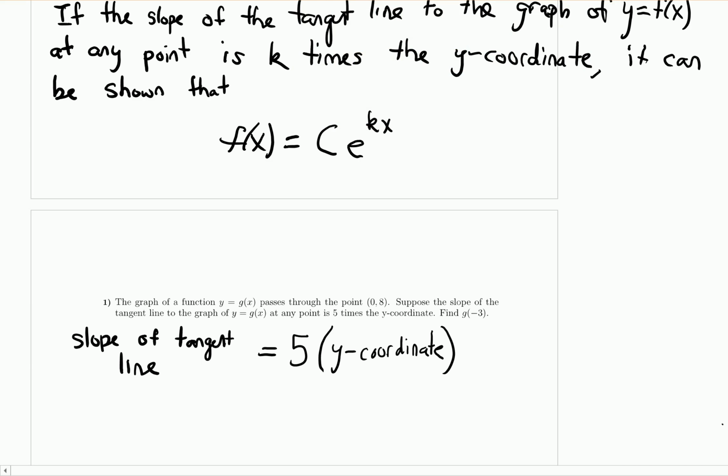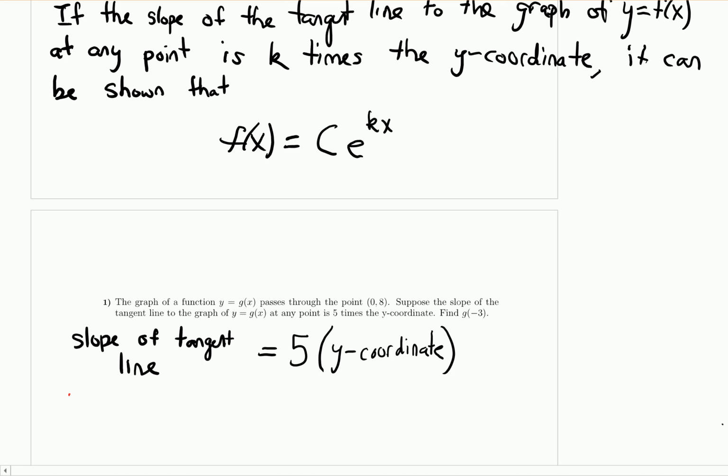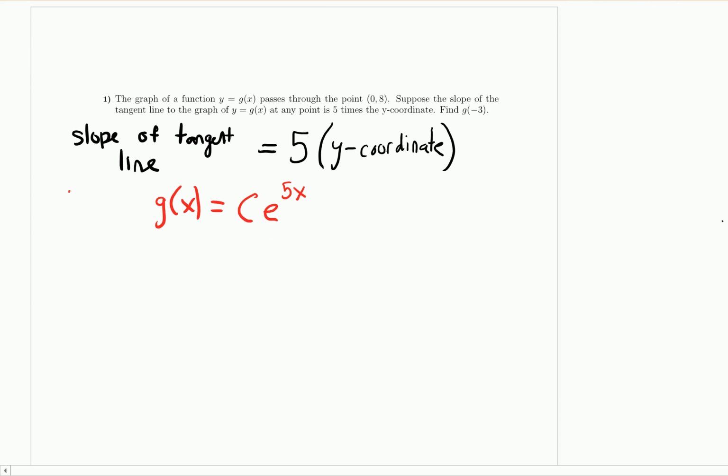Okay, so in our problem, we get that g of x, because our function is g of x and not f of x, has the form c, some constant, times e to the 5x. So our function g of x is going to look like this. Okay, so we need to figure out what c is.